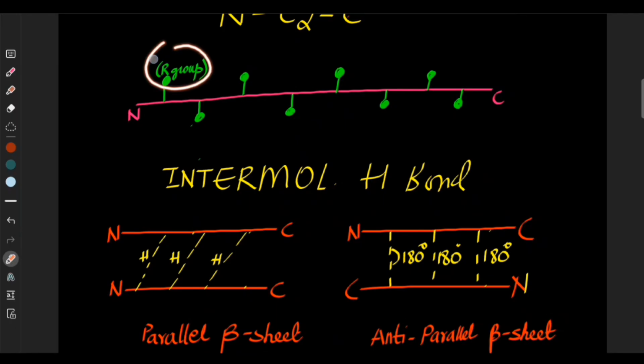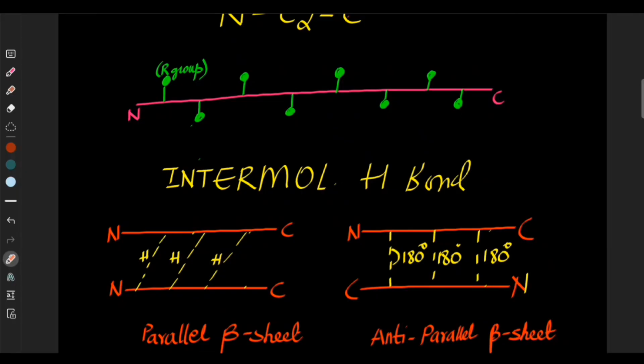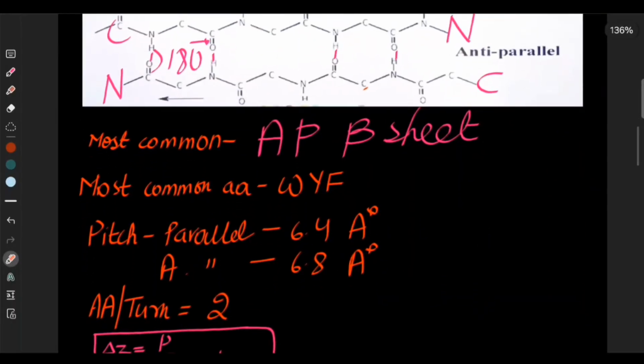The reason why the R group is pointed outwards is because they have a very bulky side chain, aromatic, specifically a benzene ring structure. So they have a very bulky group present in the R group. Therefore, it is present in the outward direction.